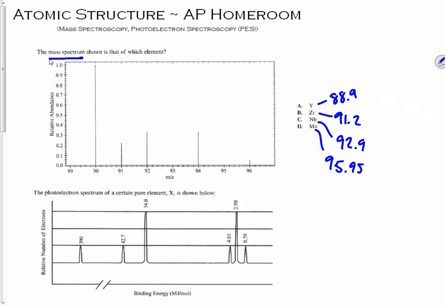Looking at the overall idea of what you have, it can't be 88.9, because there isn't even an atom with a mass under 90, right? So it can't be that one. So what do you think that would be? B or C? It's letter B. She's like, well, why can't it be C?